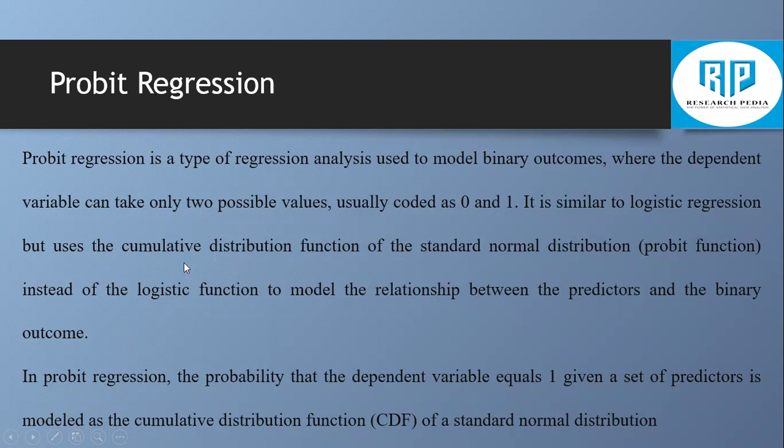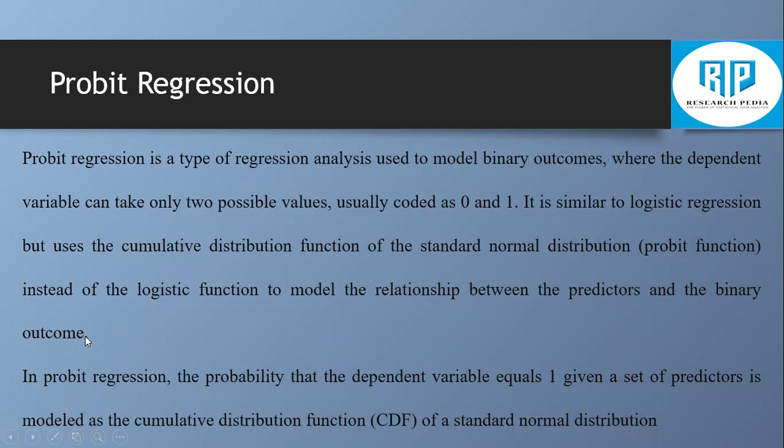In case of Probit regression, it uses the cumulative distribution function of the standard normal distribution, instead of the logistic function, to model the relationship between predictors and the binary outcome.